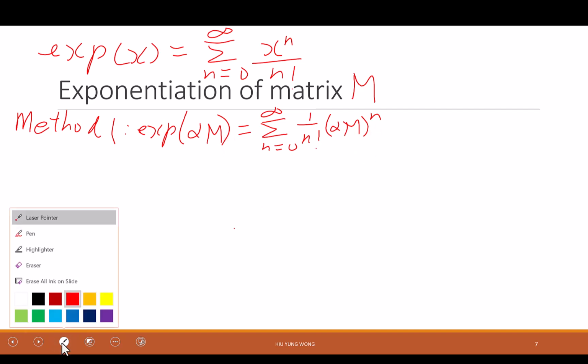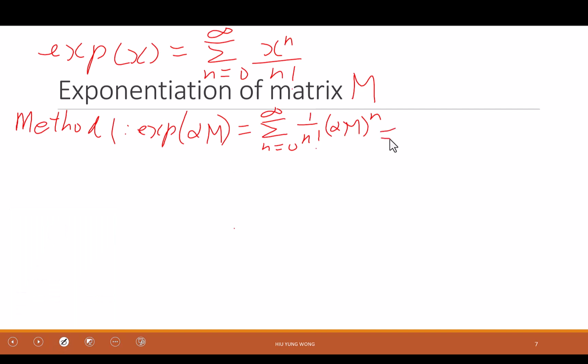So basically what I am trying to say is that this is just equal to 1 plus alpha m divided by 1 factorial plus alpha m squared divided by 2 factorial. Just keep adding them to infinity. But it's impossible if you want to do this numerically.